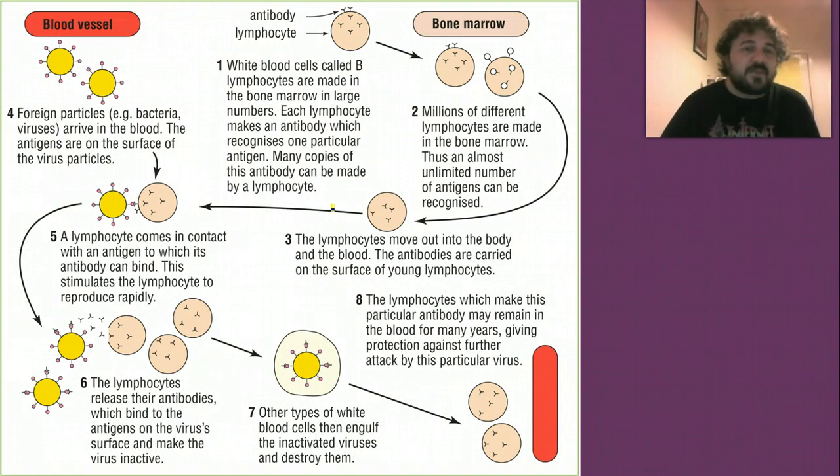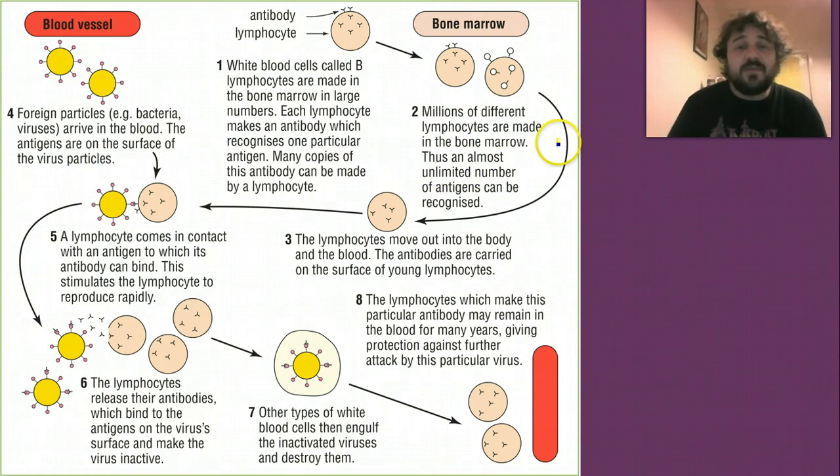Alright, so here's how it works. Basically, the white blood cells are called B lymphocytes. They are made in the bone marrow, and each lymphocyte makes an antibody that attacks one antigen. So every single B lymphocyte only makes one type of antibody.